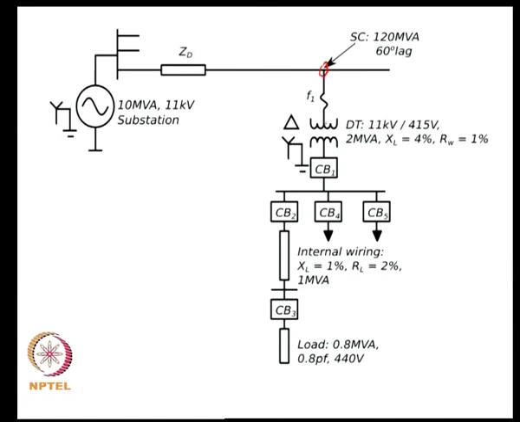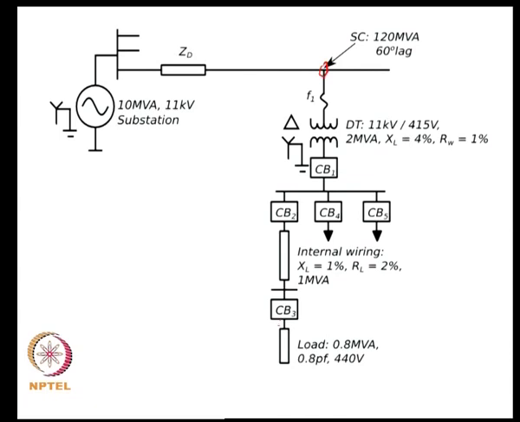So, you have a fuse, then you have a distribution transformer going from 11 kV to 415 volts. Its impedance is 4% reactance, and winding resistance of 1%, and it is a delta-Y. You have a circuit breaker at the secondary of the transformer, and you have the internal winding within the facility, and you have a distribution bus before that, and you have different circuit breakers feeding each load from your distribution bus within your facility.